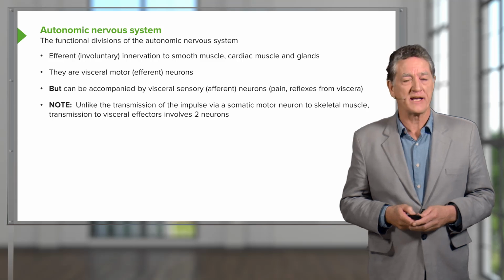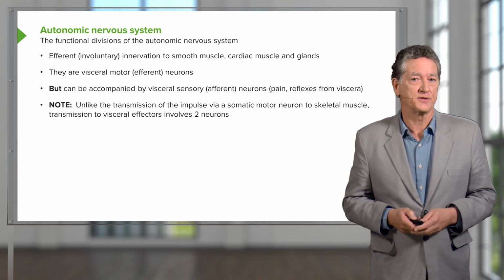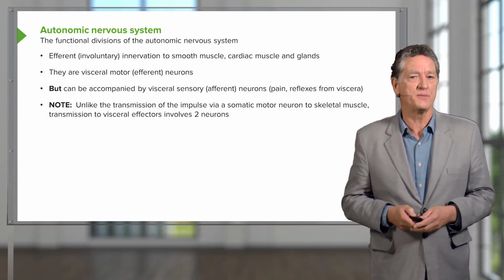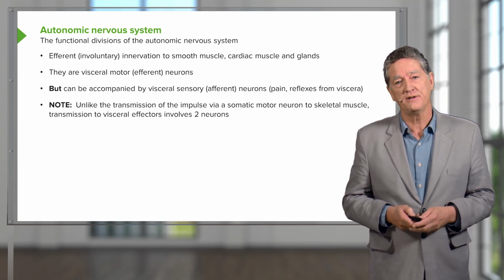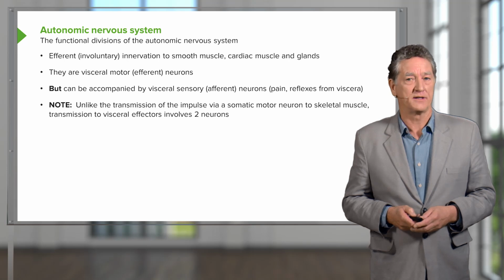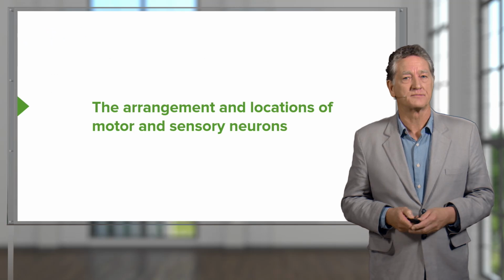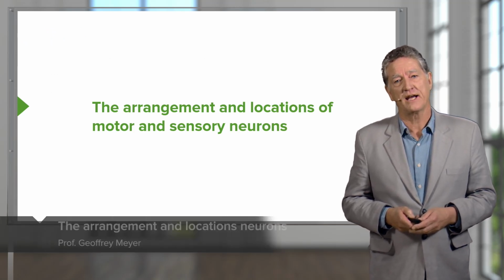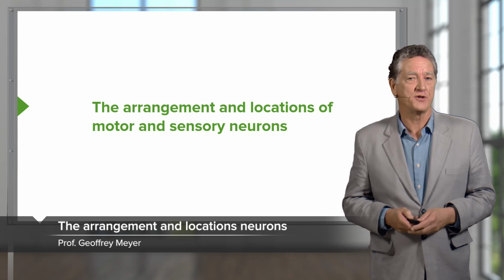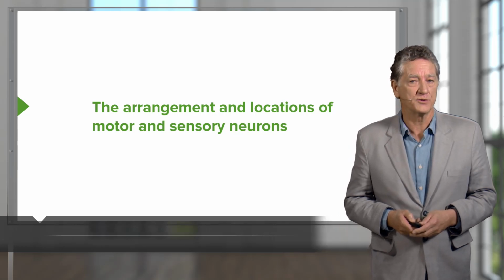And I'll describe that in more detail as we go through. But it is an important point. Somatic motor neurons are only one neuron, whereas the autonomic neurons require two neurons. So let's now have a look at the arrangement and the location of the motor and sensory neurons in the spinal cord.